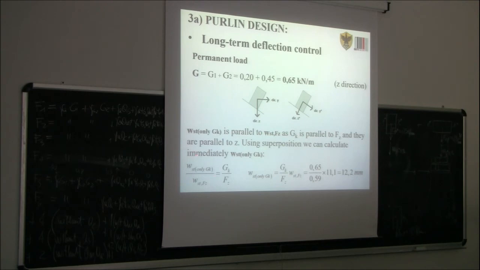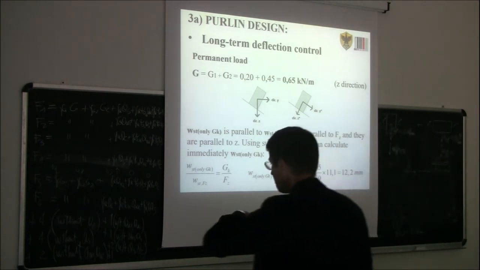The deflection due to the permanent load divided by the deflection due to the variable load is equal to the ratio between the permanent loads and the variable loads. So 0.65 divided by 0.59 times 11.1 is 12.2 millimeter. Just not to have to do all the calculation again, we just use the superposition principle.